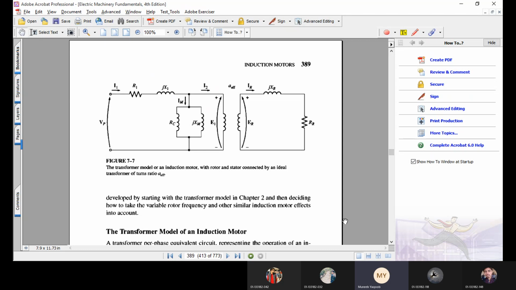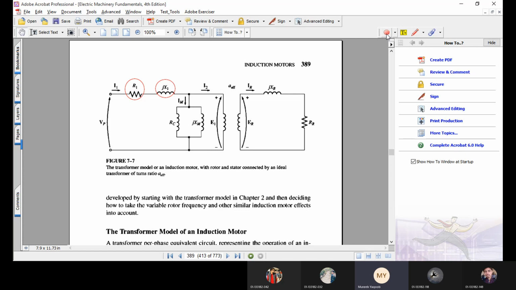Because in the single phase transformer, on the primary side we were having primary resistance RP and the primary reactance XP. So for induction motors, the primary resistance is the stator's resistance and the primary reactance or inductance is basically the inductance of the stator winding.